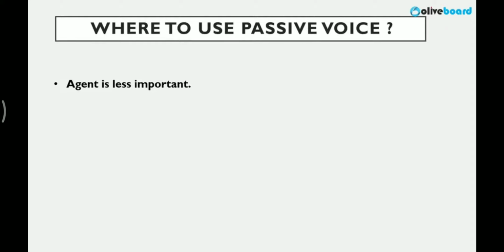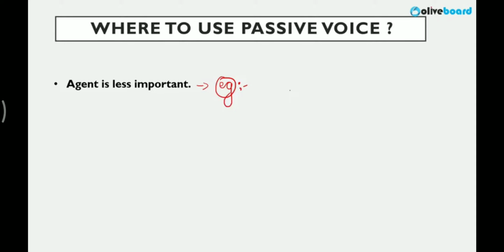But here, when the agent is less important, right? Agent means the doer of the action. So I'll give you an example of this. For example, now the person who has performed the action is less important. That is why we use passive. Let's see this here.